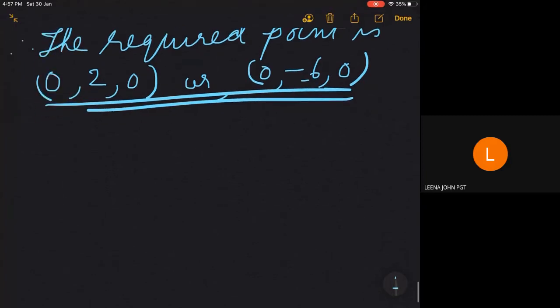Then exercise 12.3, question number 5. Question number 3.